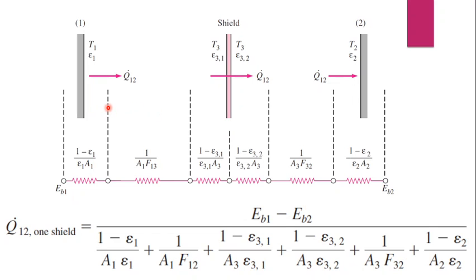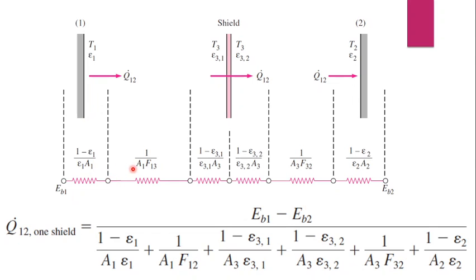Let us start with the network diagram. As you know, we start with the black body, then we have the surface resistance. If this surface has emissivity epsilon 1 and this plate has surface area A1, then the surface resistance will be (1 minus epsilon 1) divided by (epsilon 1 times A1). Then we reach this point, called J, the radiosity of 1.